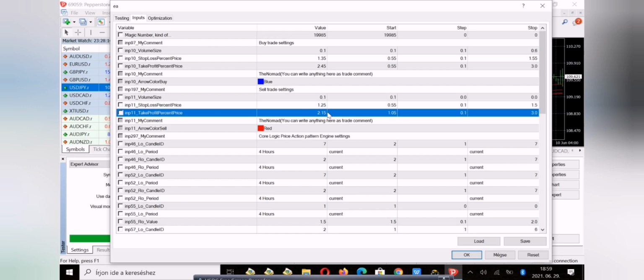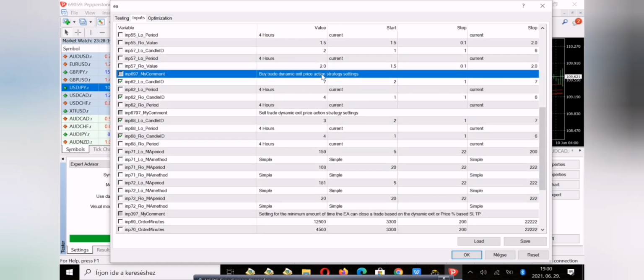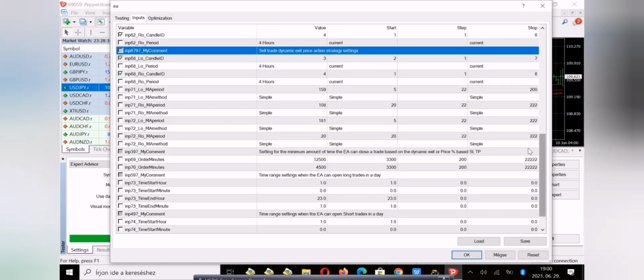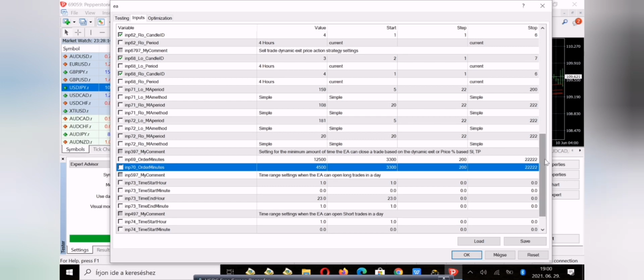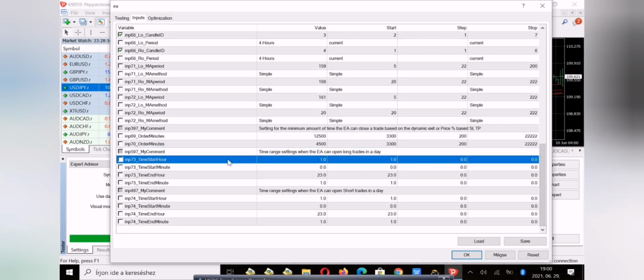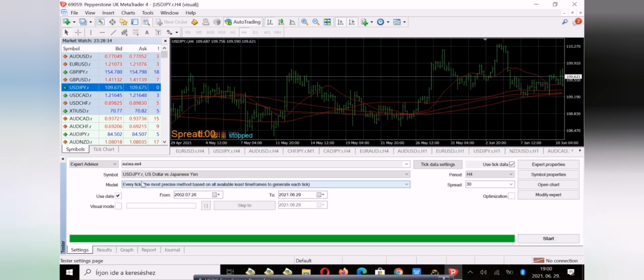As you see, I let the core engine price action parameters and also the dynamic exit parameters be freely adjustable. I also programmed a time filter and a minimum amount of time before the EA can actually close the trades, and that is extremely important.